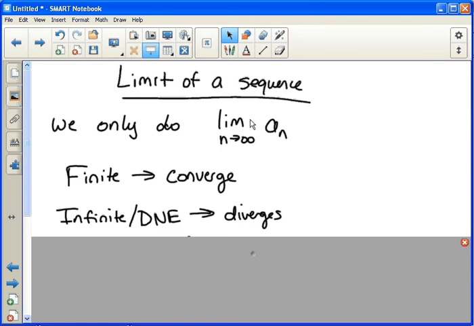Now, if you get infinity, positive or negative infinity, doesn't matter which one, or you get does not exist, that means diverges. You probably won't get does not exist real often, but you will sometimes. So anyway, if you get infinity or does not exist, then the sequence diverges. Finite answer converges, infinite or does not exist diverges.